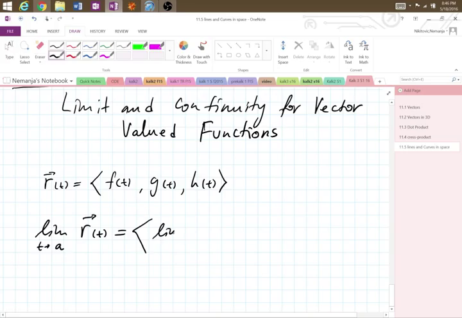So limit of f of t as t goes to a, comma, limit as t goes to a of g of t, and limit of h of t as t goes to a.